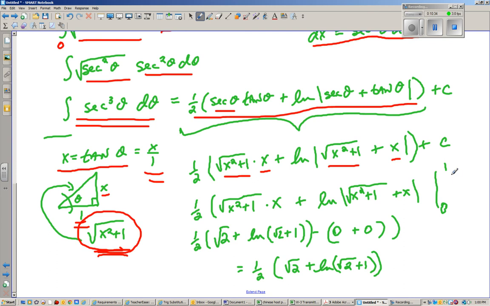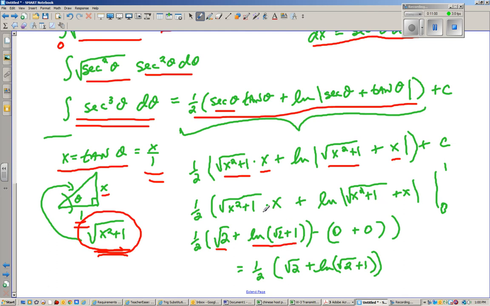The original limits were 1 and 0 when written in x, so I'll go back and use the original limits, the x limits. So running things through here, putting the 1 in, wouldn't I get radical 2 times 1, and that's radical 2, and then wouldn't I get the natural log of radical 2 plus 1, and that's where this comes from.